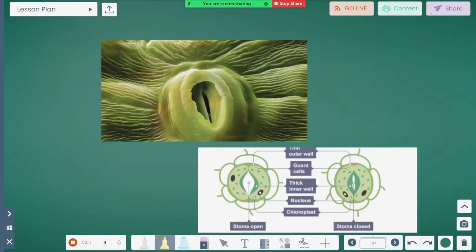Let us see how. It is actually both because during daytime there will be photosynthesis.